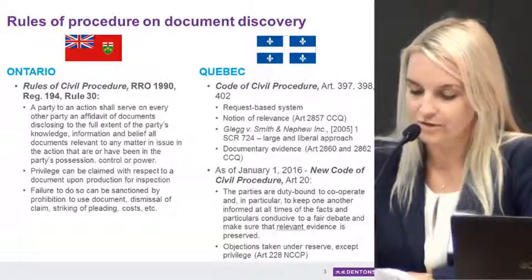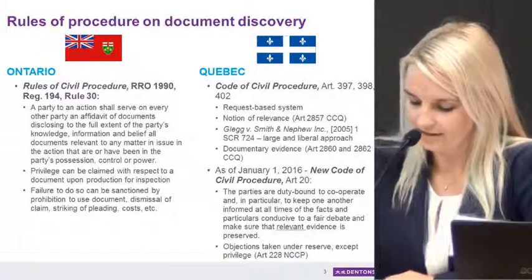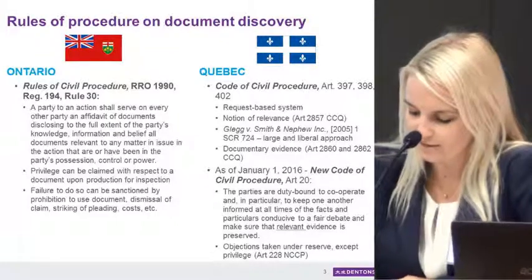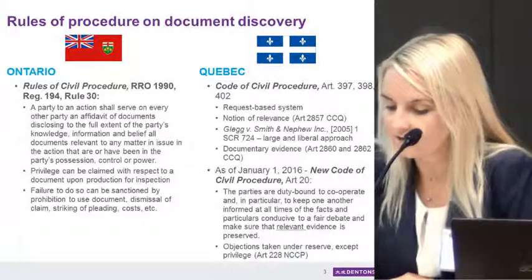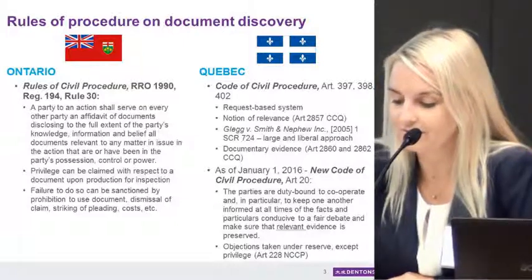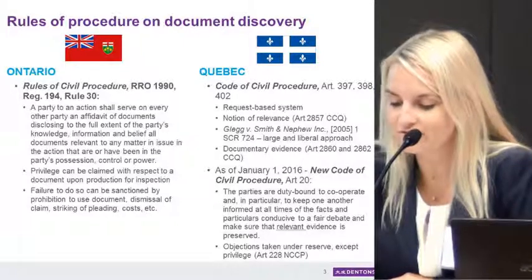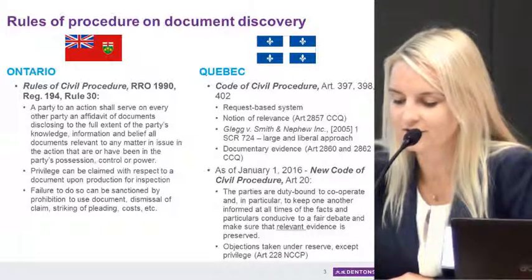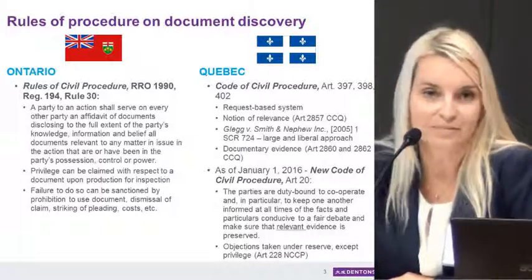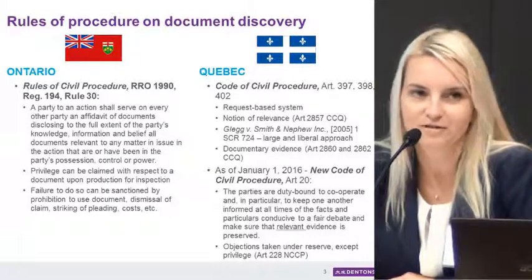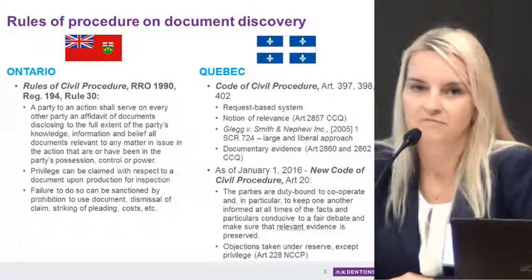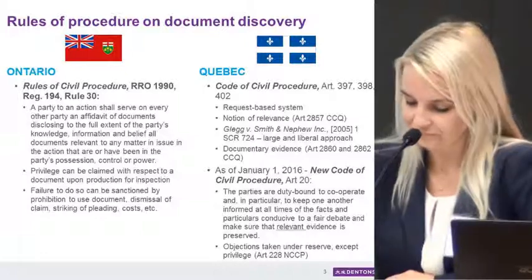And the Supreme Court of Canada in Glegg v. Smith & Nephew has said that being relevant means being useful for the conduct of an action. So under Quebec law, I can ask for any useful document related to the litigation matter.